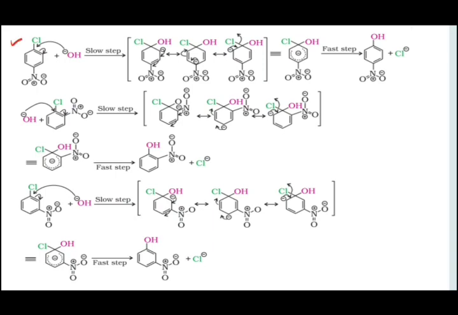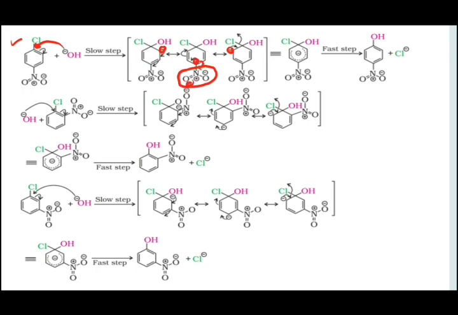Okay, see in this first diagram, when OH attacks this carbon, we see a negative charge generated at the ortho position. Now due to resonance, this negative charge will come on the para position and again on the ortho position. But here we have attached this NO2 group at the para position, so it will involve this negative charge in the resonance. Due to the presence of this NO2 group, the negative charge will also be included in the resonance in the nitro group.